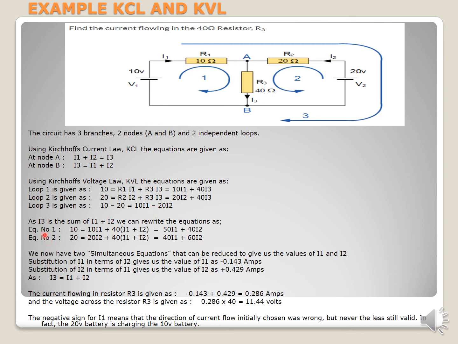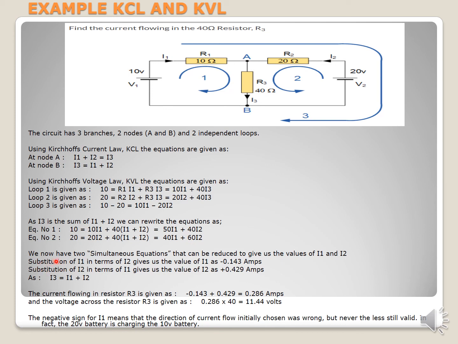As I3 is the sum of I1 plus I2, we can rewrite the equations. Equation number 1: 10 equal to 10 I1 plus 40 (I1 plus I2), equal to 50 I1 plus 40 I2. And equation number 2: 20 equal to 20 I2 plus 40 (I1 plus I2), equal to 40 I1 plus 60 I2.